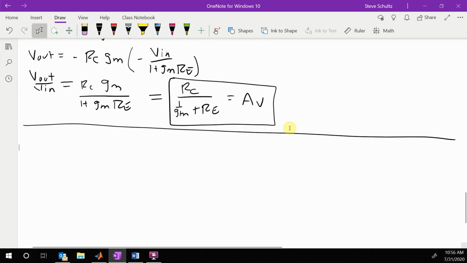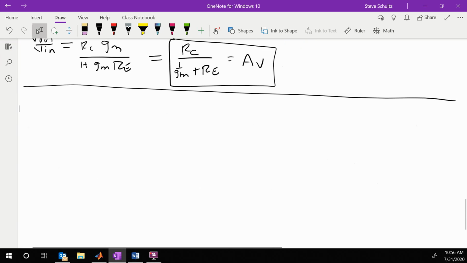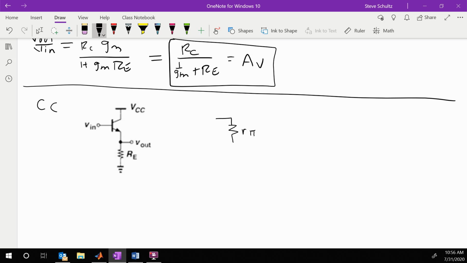Now we are going to go and do our common collector. So this is our common collector. The same thing. We're going to start with our small signal model. In this case, we are leaving the RO in.